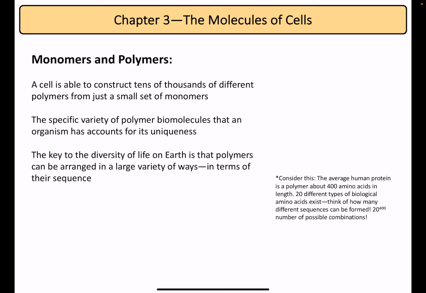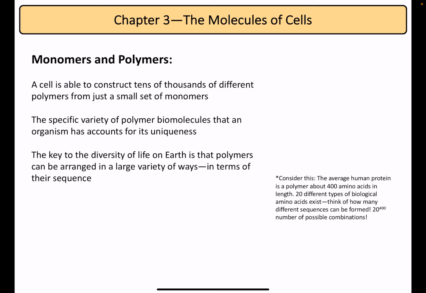So the key to having such great diversity in life in terms of structure and function is due to this concept of, we're all made up of the same pieces, the same glucose, glycerol, fatty acids, phospholipids, A, T, C, and G, 20 amino acids. That's pretty much life.